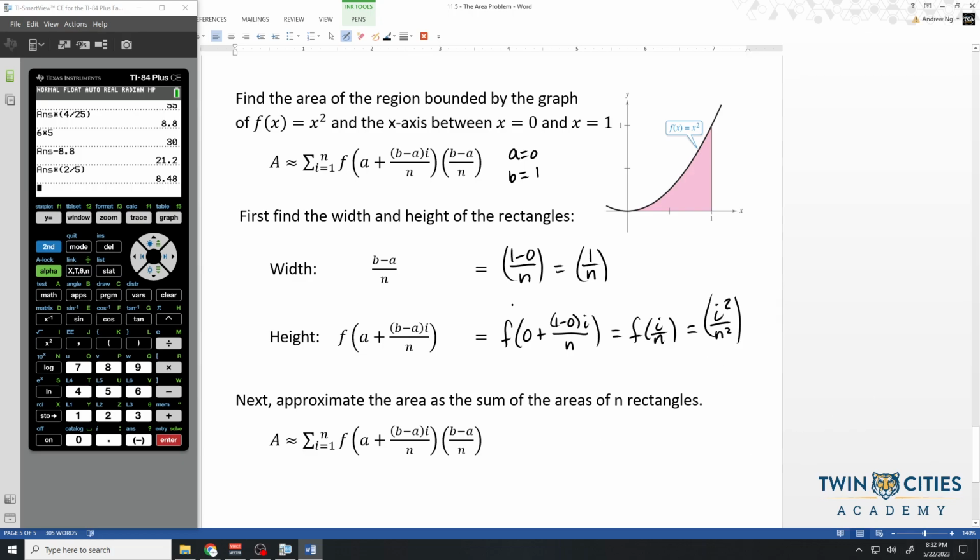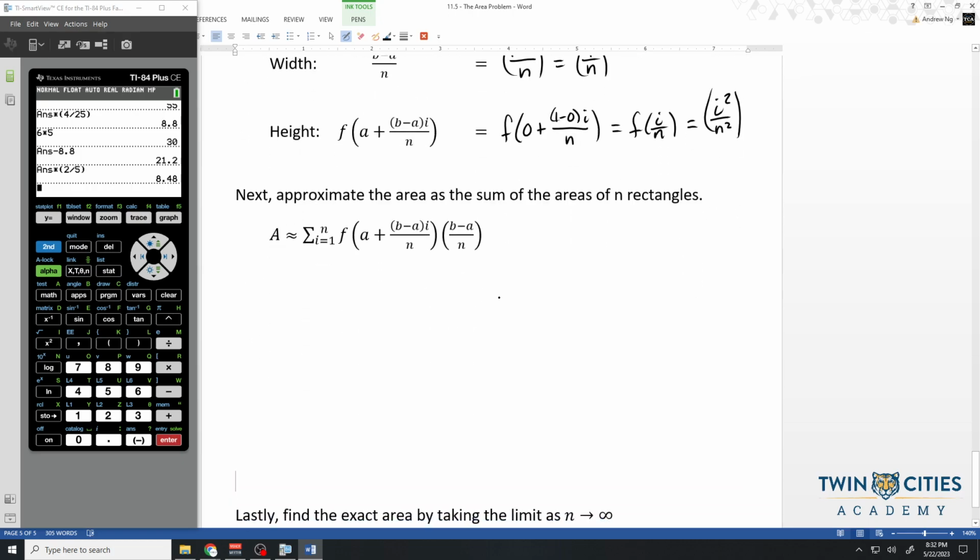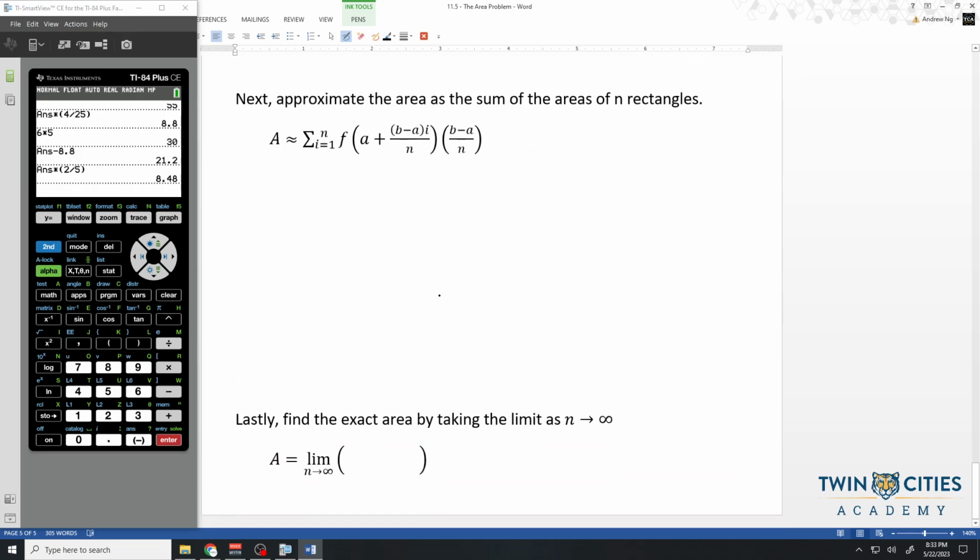And then once I have my height and my width, we're going to approximate the area as the sum of the area of n rectangles. So this will be the summation of i equals 1 to n, and I found my height to be i squared over n squared, times b minus a over n, that's my width, which was 1 over n.